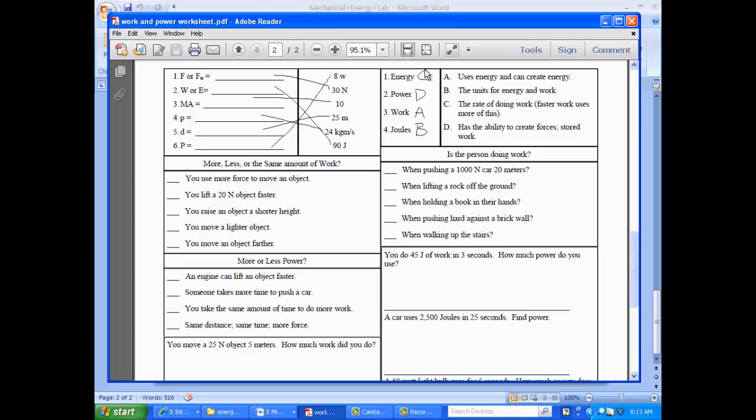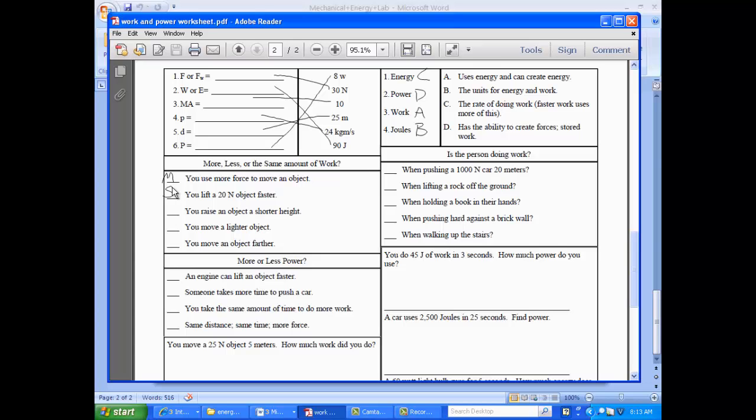All right? So if we look at these, we want to know more or less for the same amount of work. You use more force to move an object. More work. Good. You lift a 20 Newton object faster. Is there anything dealing with time in this formula? No. So you're doing the same amount of work. You raise an object a shorter height.